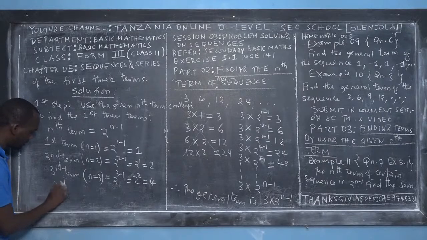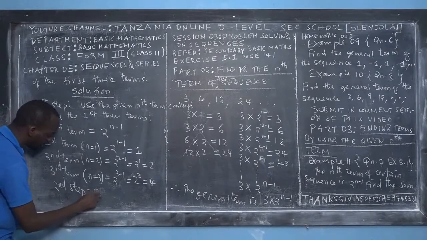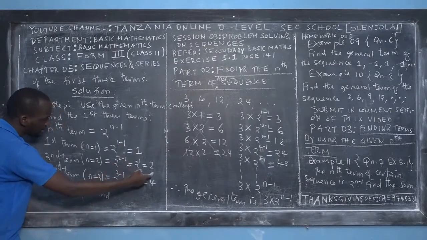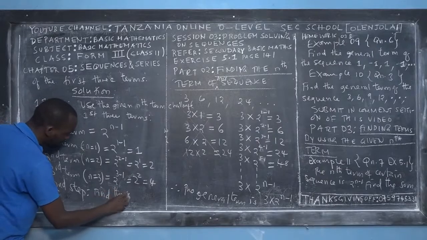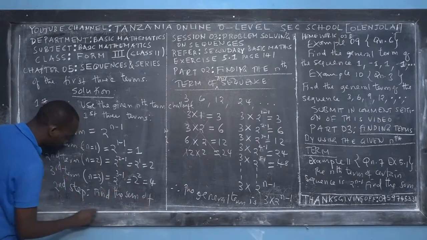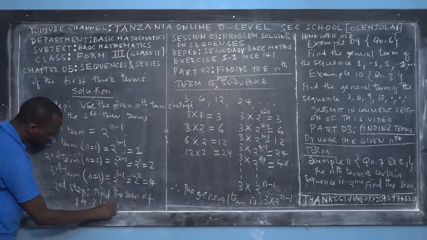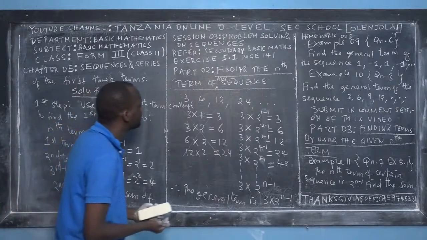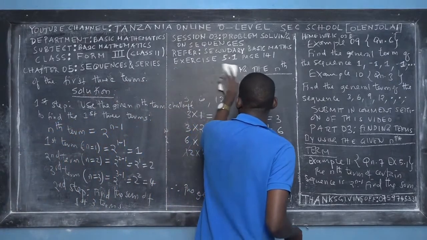So afterward, let us go to the second step. Now we know the first term is 1, the second term is 2, and the third term is 4. Now we find the sum of the first 3 terms.